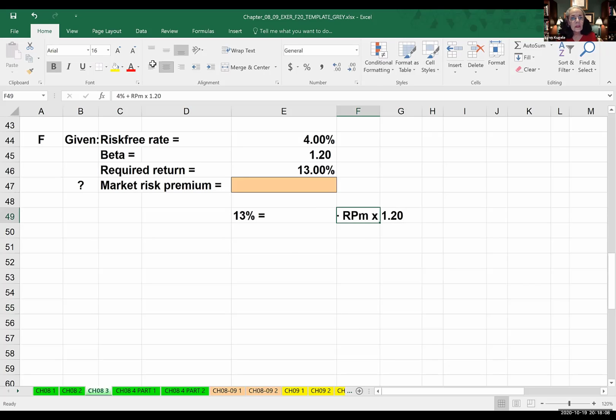And then solve. So you want to subtract 4 from both sides. Divide through by 1.20. And I will get back over here to the solution. Right there. Subtract 4 from both sides. So 9 is equal to that times 120. Divide through by 120 and you got it.